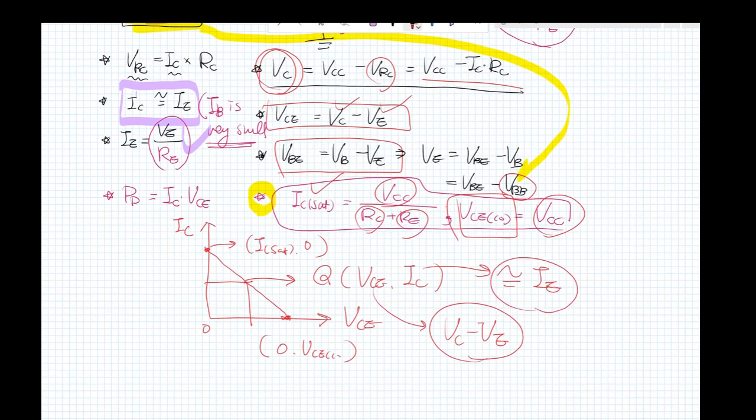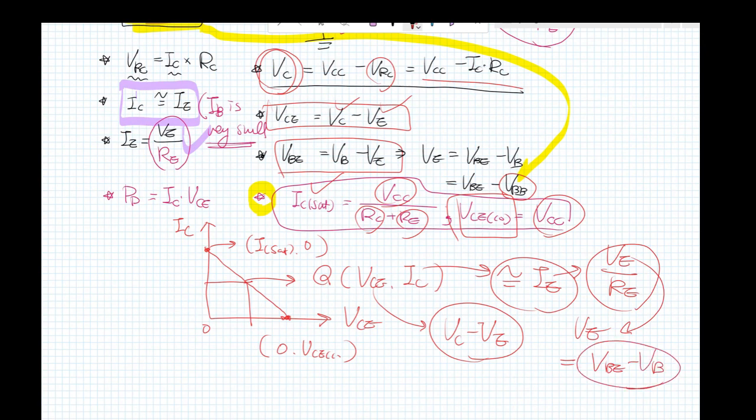And I sub E we can calculate as V sub E divided by R sub E. And the V sub E we can calculate as V sub B minus V sub BE.